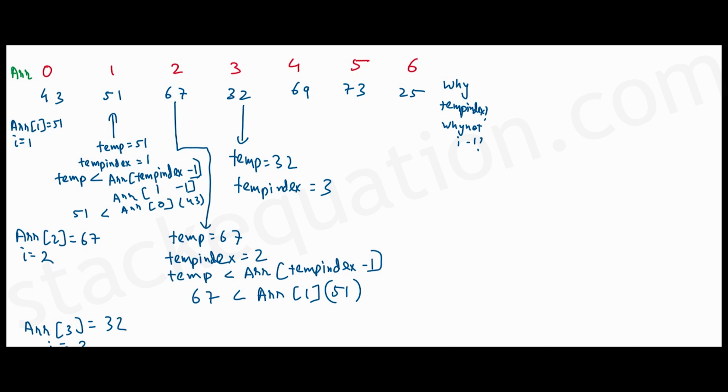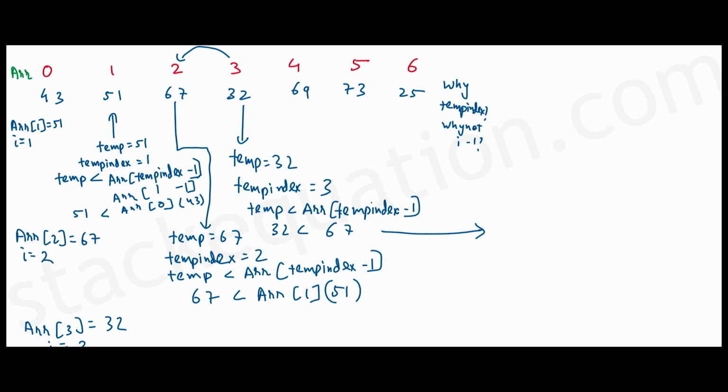Is temp less than array of temporary index minus 1? Temp is 32, and temporary index is 3, so 3 minus 1 is the previous element, which is 67. Is 32 less than 67? Yes, it is.